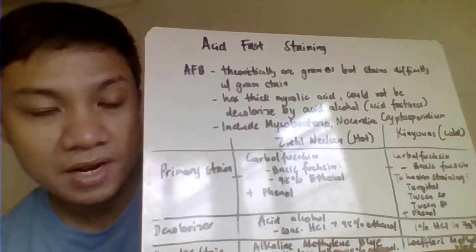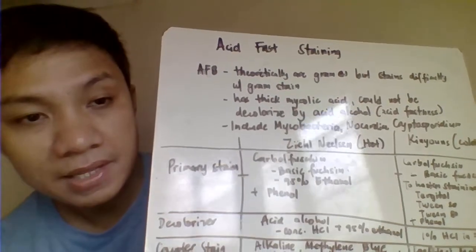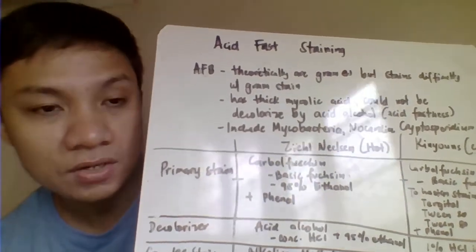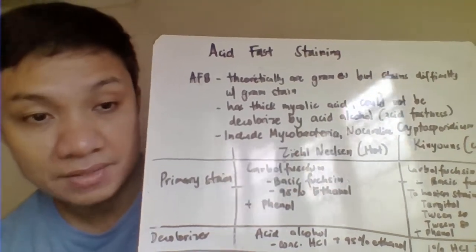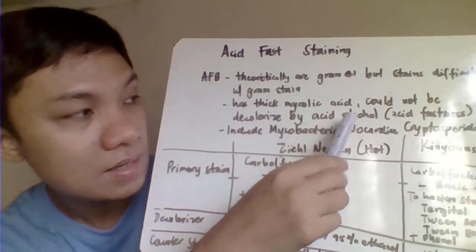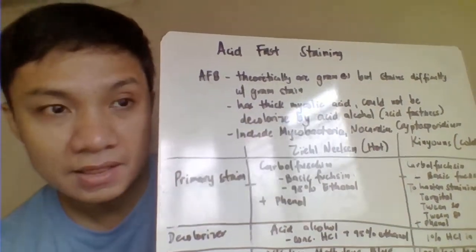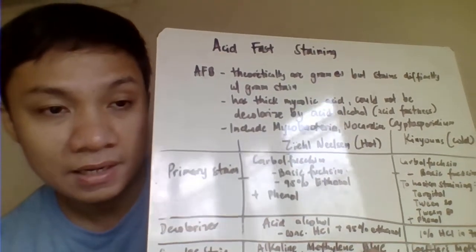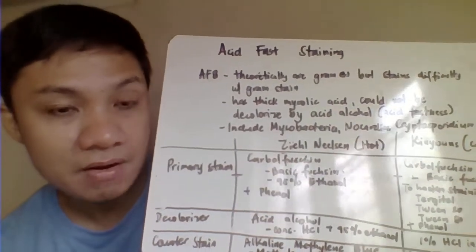basically they have the property of a thick mycolic acid, where they try to resist decolorization if you're adding your acid alcohol when you're performing your acid-fast staining. When we say they resist decolorization by acid alcohol, it means they tend not to be decolorized by an acid alcohol upon addition of your decolorizer when you're doing your acid-fast staining reaction.